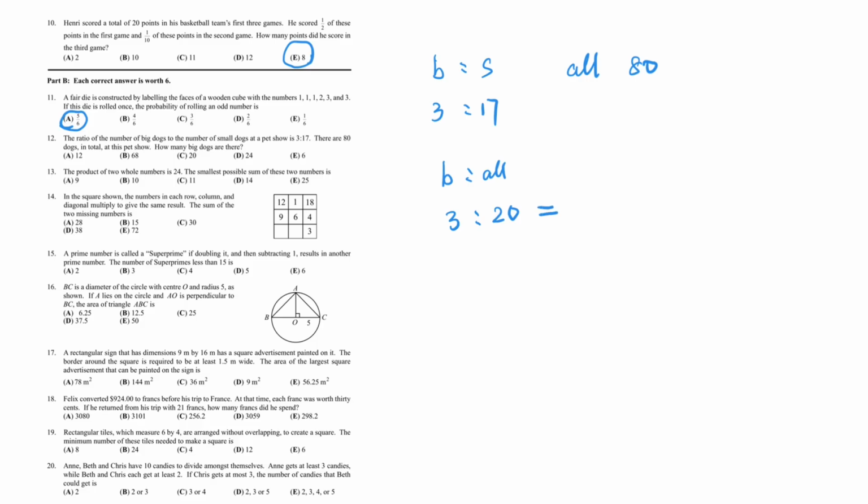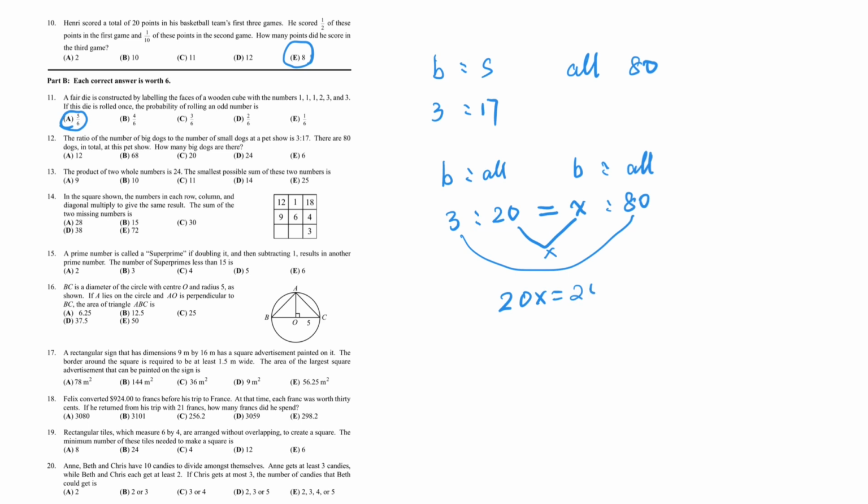How many big dogs, we don't know, so use x, and all the dogs is 80. Solving the ratio equation, inside times inside, outside times outside: 20x equals 3 times 80.